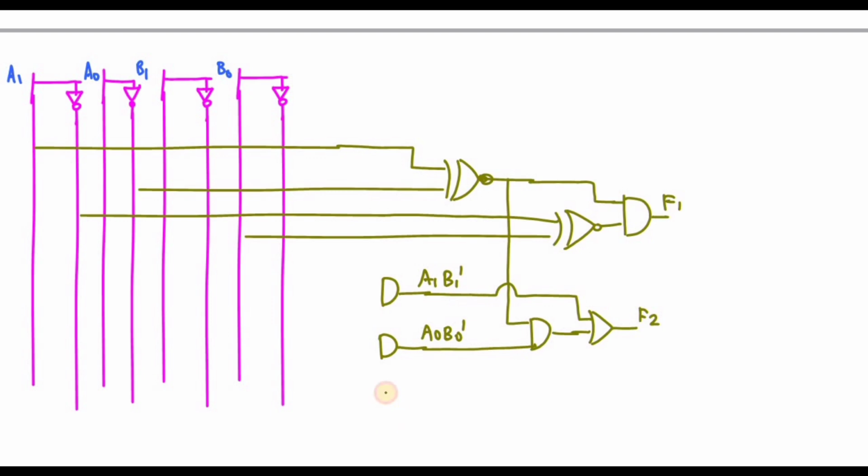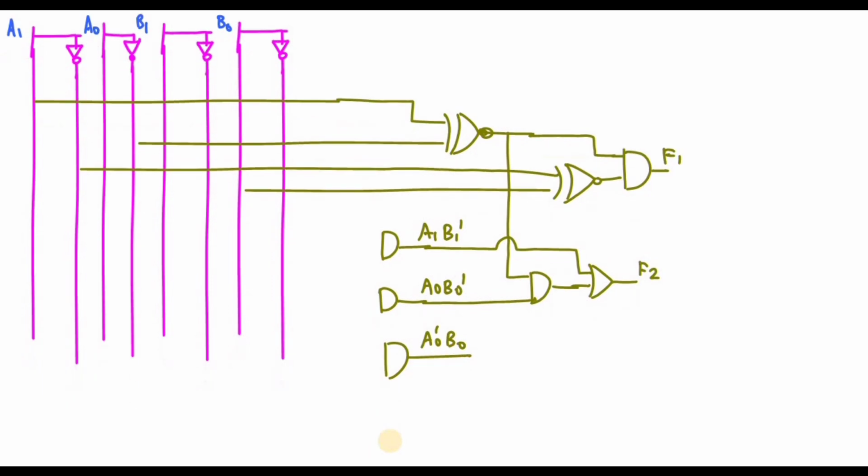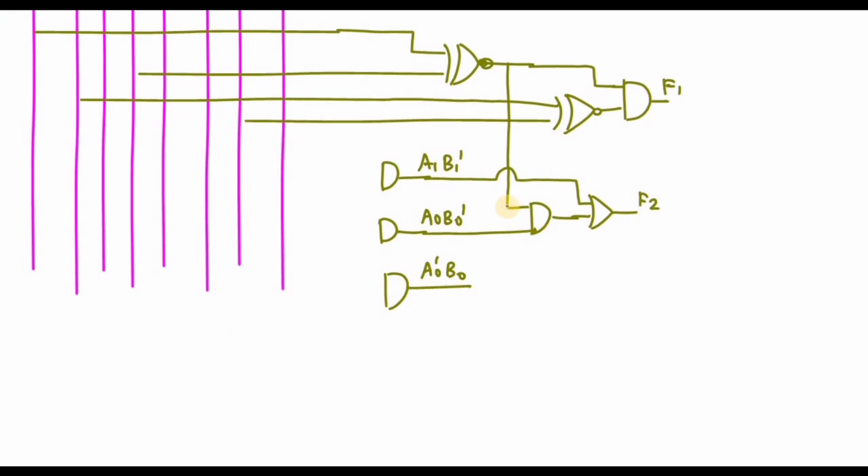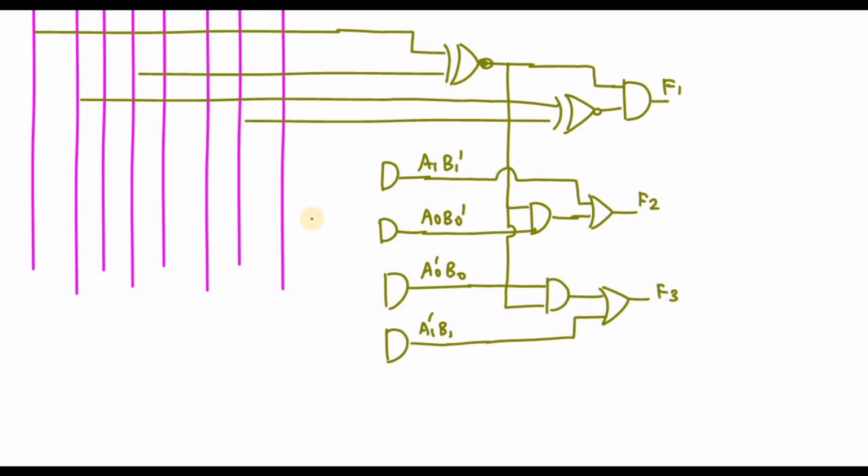In a similar way you do it for this, A0' B0, right? With XNOR, so you multiply with this one. Then you go to F3, right? So this is nothing but A1' B1, right? This has to be added with this one. So you make the connection. Okay.